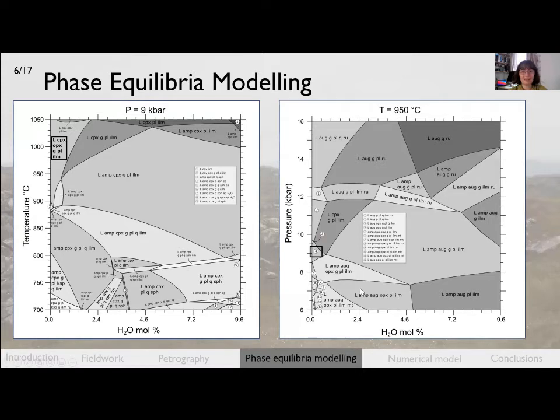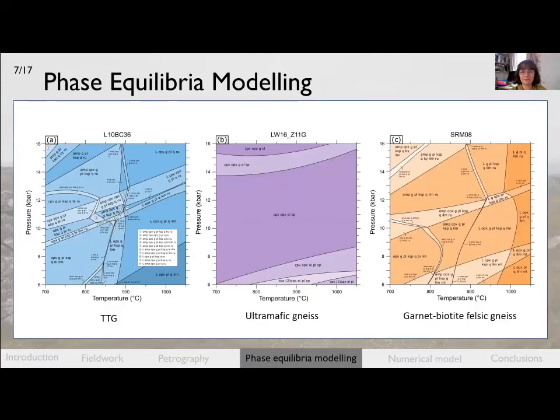We then carried out phase equilibrium modelling on the rest of the samples with the specific aim of working out their mineralogy and density at these inferred peak conditions. These pressure temperature diagrams are representative diagrams for the other lithologies considered.